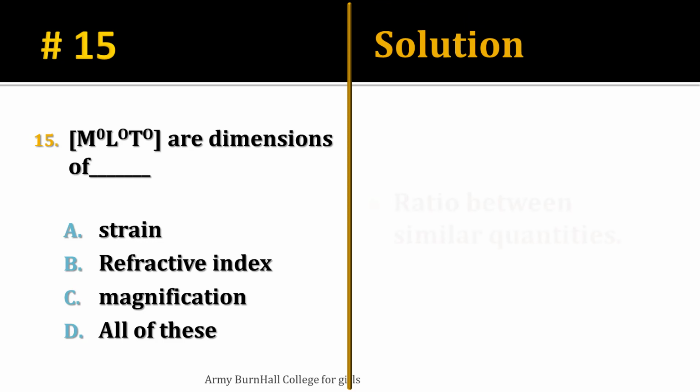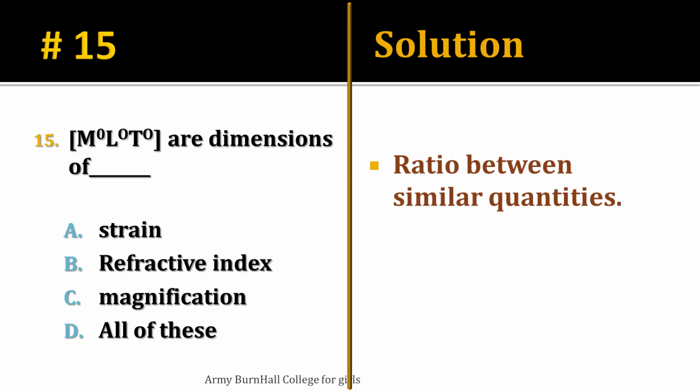So we know that all these are ratios between similar quantities, and if we are having a ratio between similar quantities, then it is a dimensionless value. So strain, refractive index and magnification all are ratios between similar quantities, so these are dimensionless.